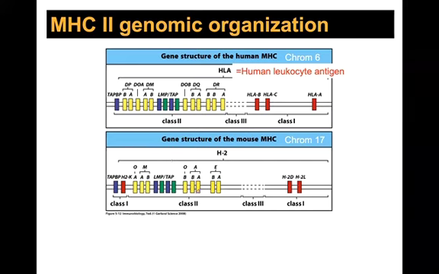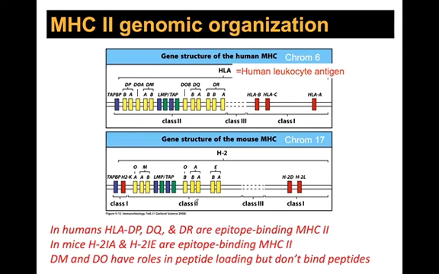So when we look at these at the genome level, right, the class 1 genes are put in the same loci as the class 2, but they are slightly separated.